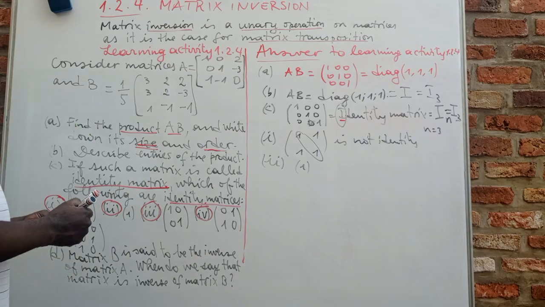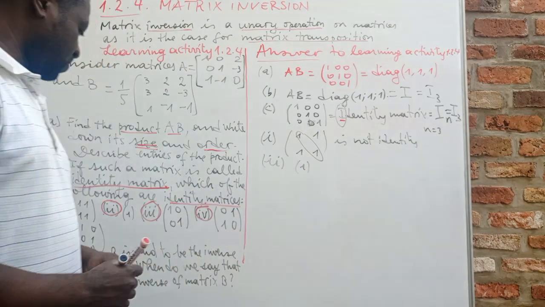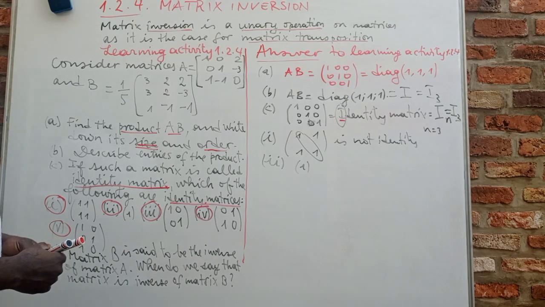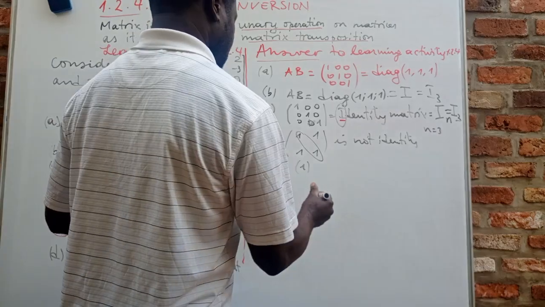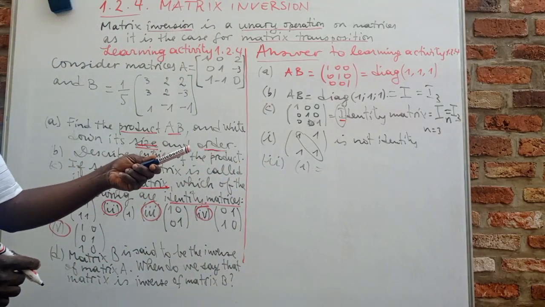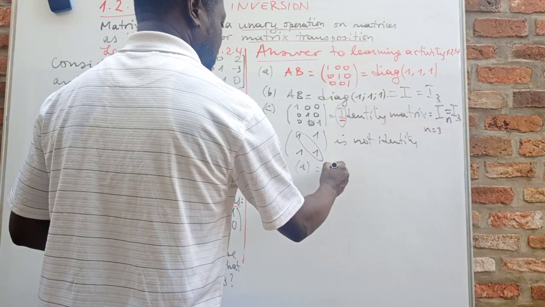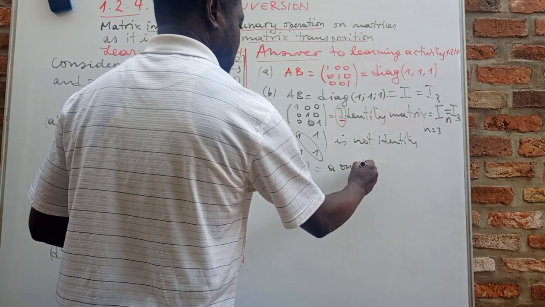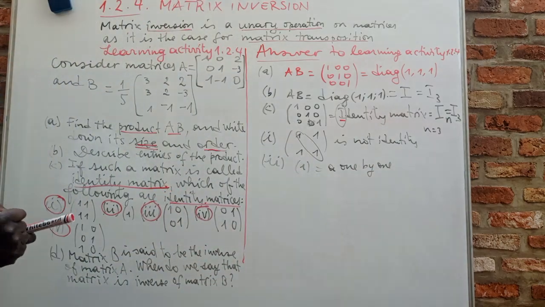Now, this is a special matrix. It is a scalar matrix, but of order 1. It is a 1 by 1.